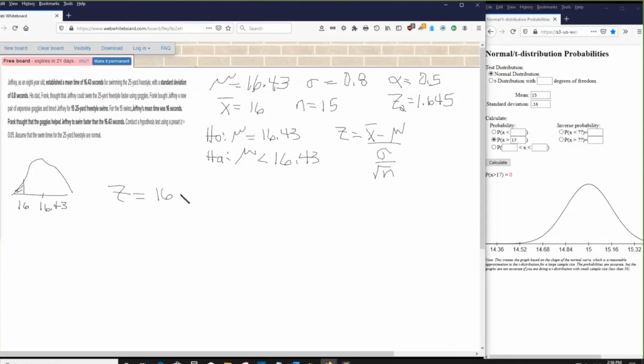So that's going to be 16 minus 16.43 divided by 0.8 divided by square root of 15. So when I plug all of those numbers in, I'm going to end up with a minus 2.082.